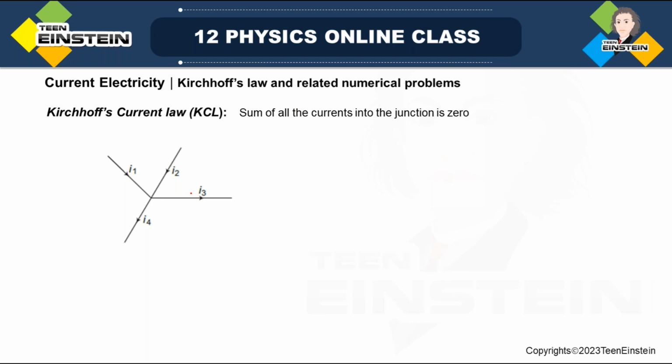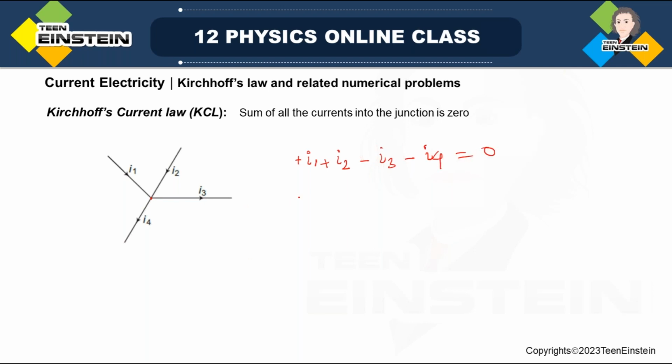for the recapitulation, I am just writing this current law. See, all the currents which are coming into this point or junction, those are taken to be positive. Others you can take negative. Like those which are going out of this junction, you have to take negative, and the sum of all those will be 0.